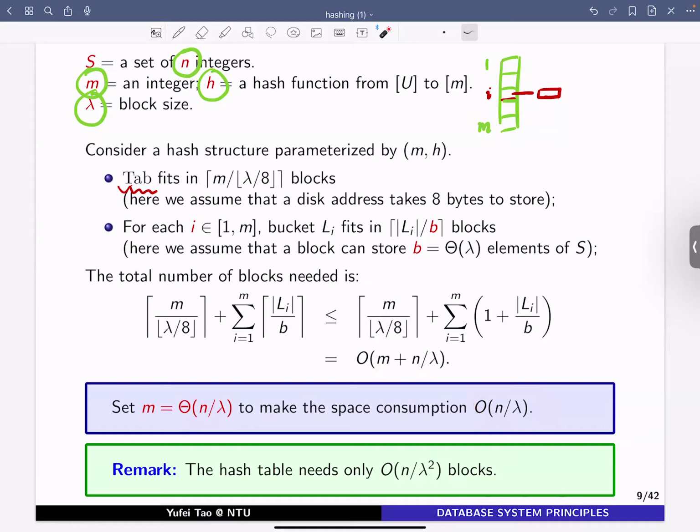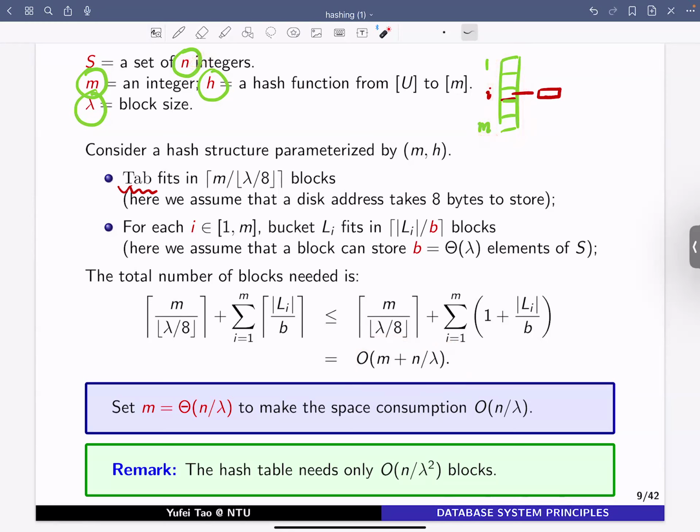Okay. So when I explained the intuition behind this calculation result, I did not really talk about the hash table itself. Why? Because the hash table itself is actually very small. You can see the hash table contains only m integers, and the value m is significantly less than the n here.